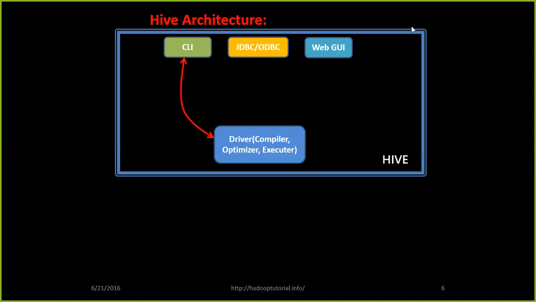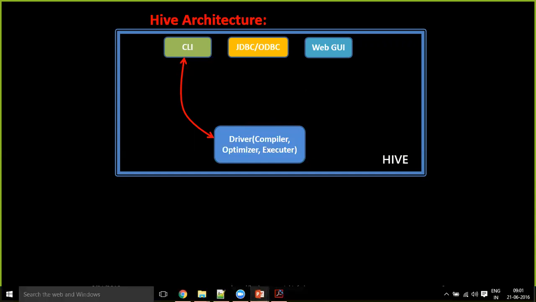So Siva, you will explain all 3 ways to us? Yes, Murli. All 3 ways I will explain to you. Not just the CLI and not just the JDBC. I will show the Web GUI also during our Hue sessions. Okay.